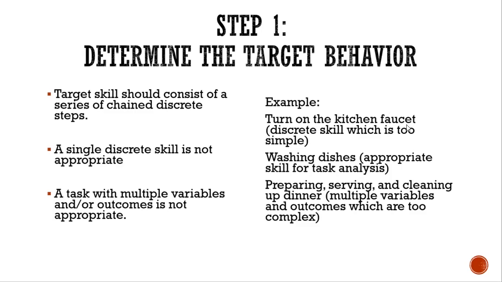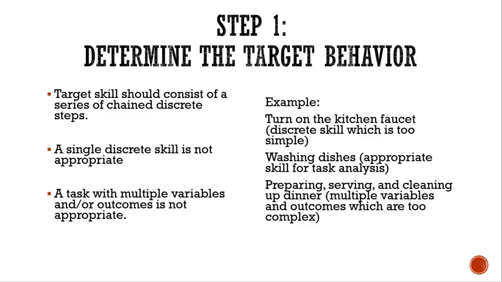An appropriate example would be turn on the kitchen faucet. That is a discrete skill which would be too simple to teach. A more appropriate skill for task analysis would be washing dishes. Preparing, serving, and cleaning up dinner is going to have too many variables and be too complex with too many outcomes.